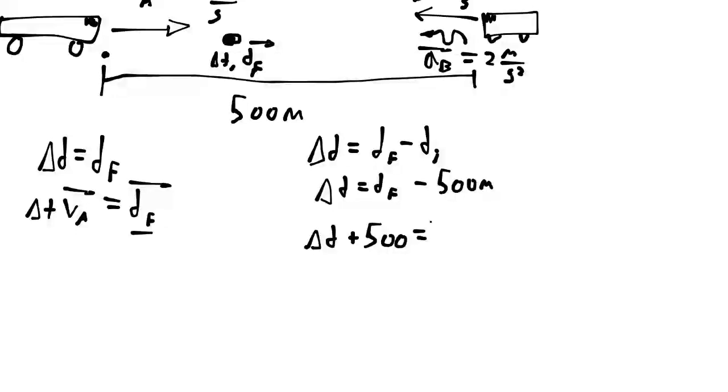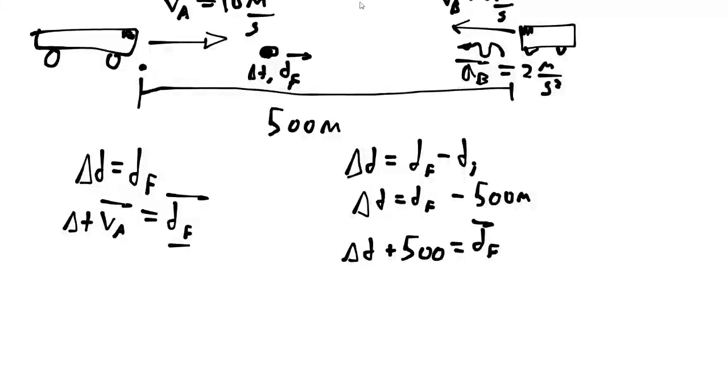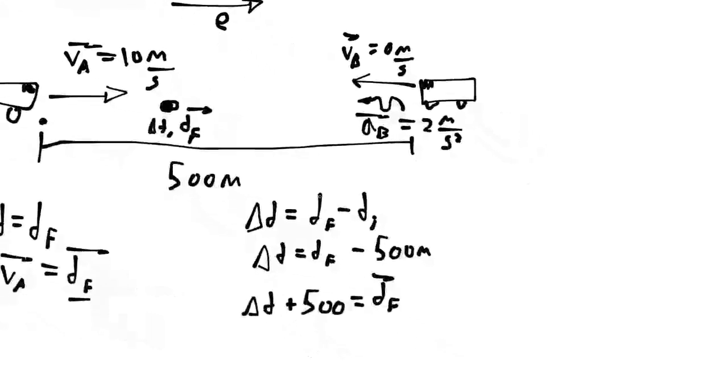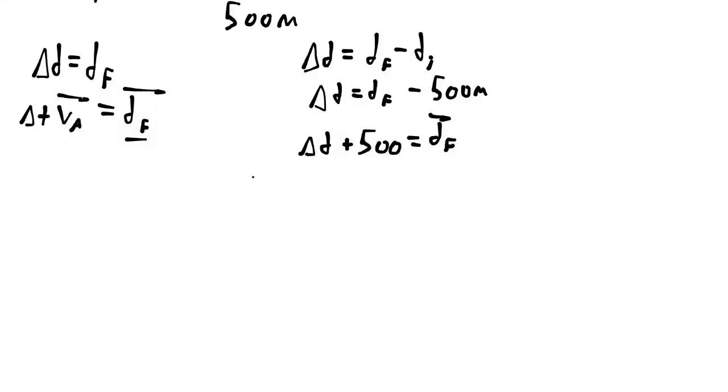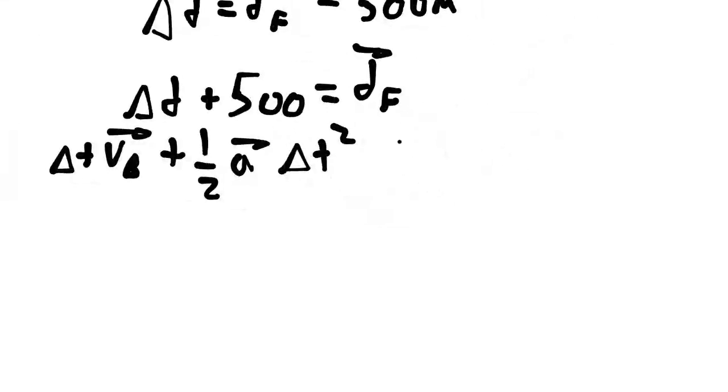Actually, this is plus 500 meters equals final position. And now put in delta D, so you use one of the equations. We'll use this one right here, so time times velocity plus 1/2 acceleration delta t squared plus 500 meters equals df.